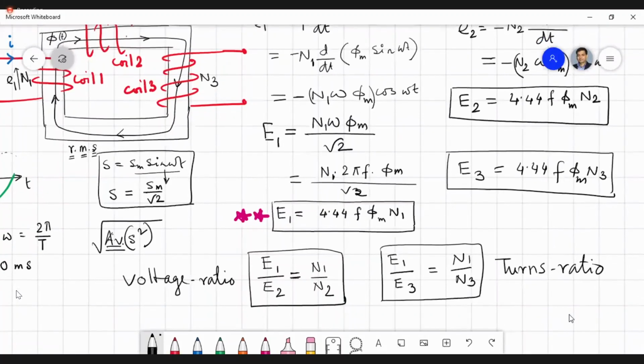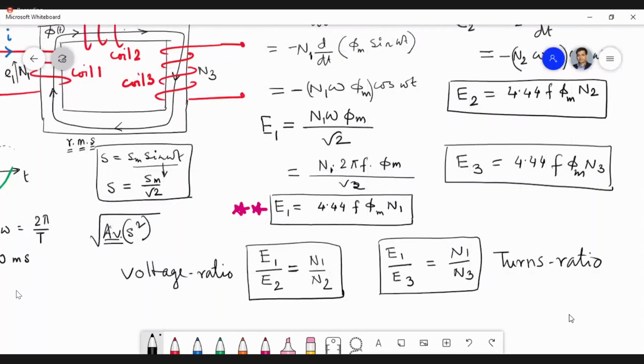So for a transformer, the voltage ratio is equal to the turns ratio.